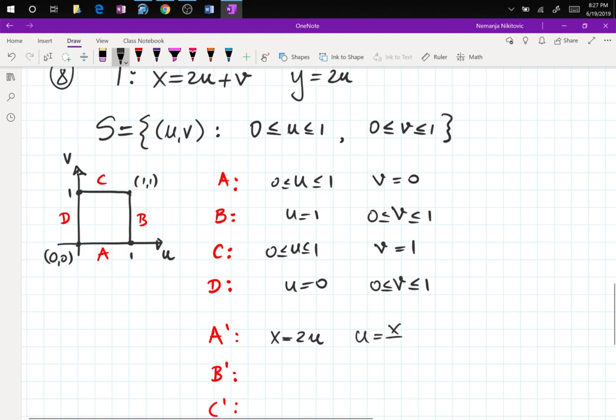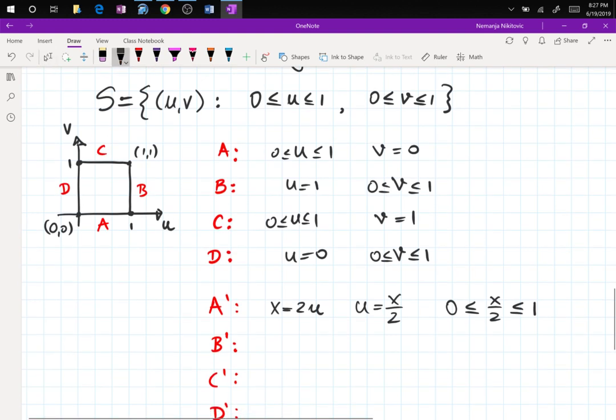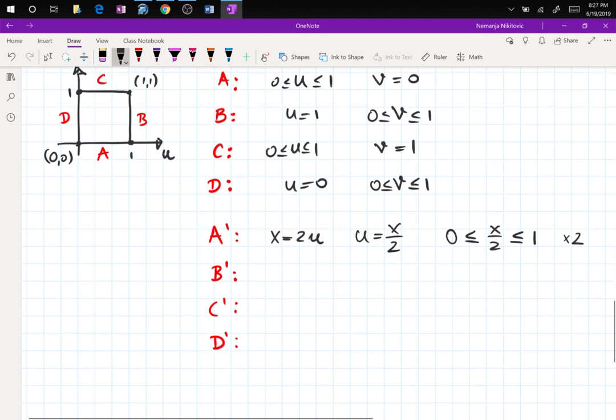U equals x over 2, right? So you plug that in the equation 0 less than x over 2 less than 1. And to get x out, you multiply the entire triple inequality by 2 to kill the denominator, and you get that your x is in between 0 and 2.